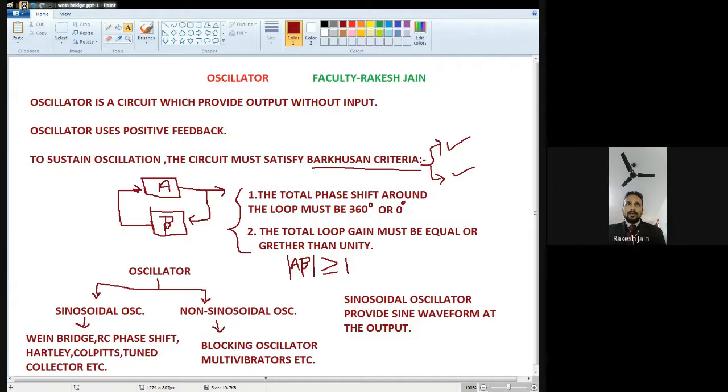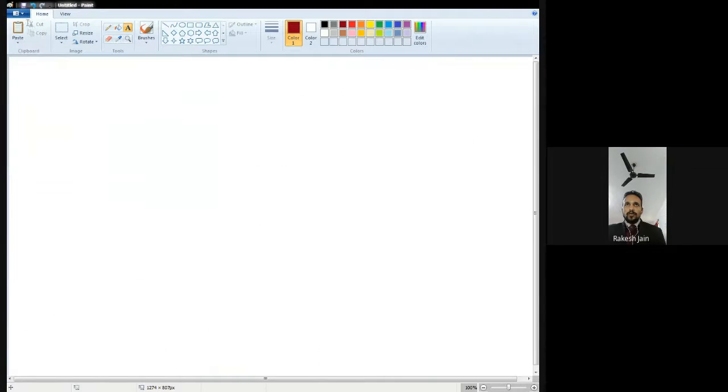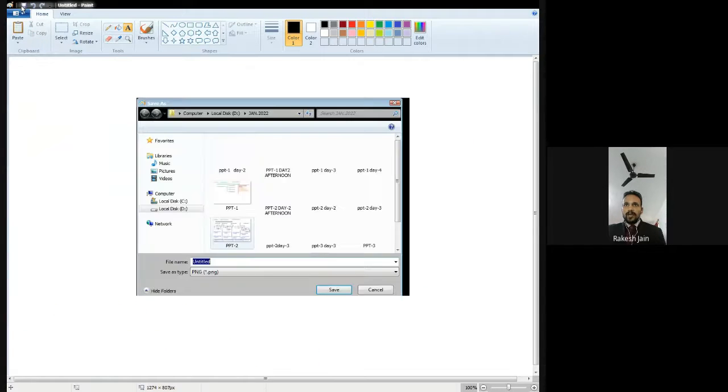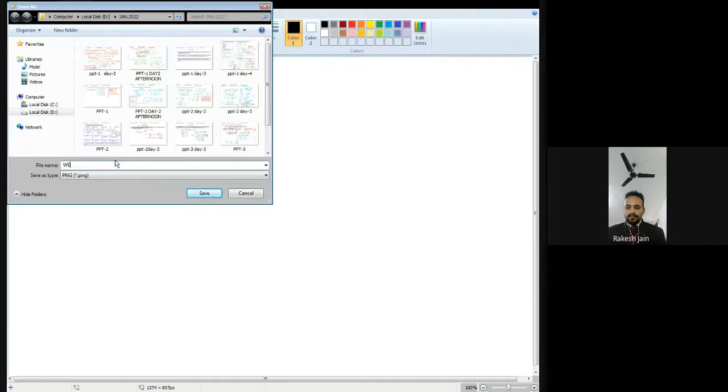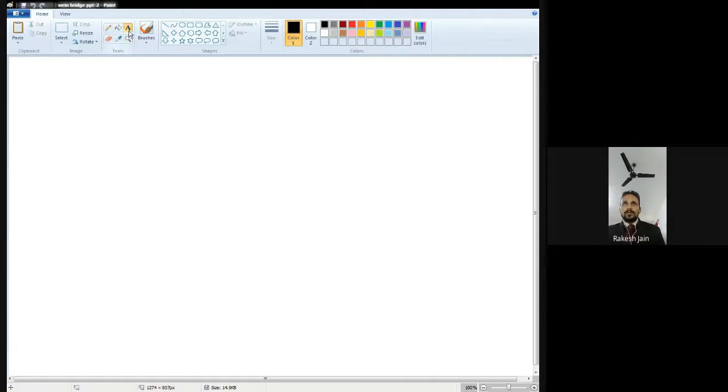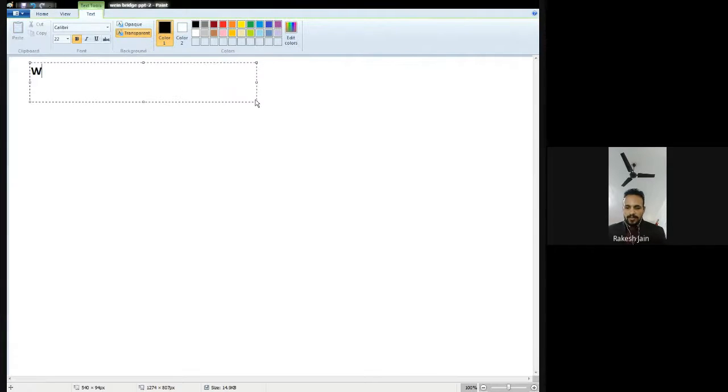I am opening a new page. Okay, wait for a while, just to save this file. Now see the Wein bridge oscillators.